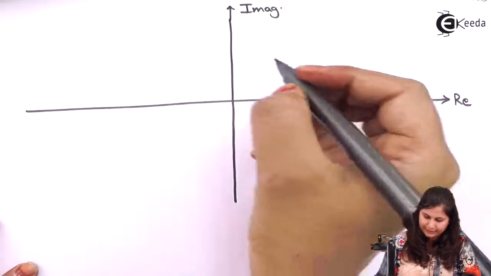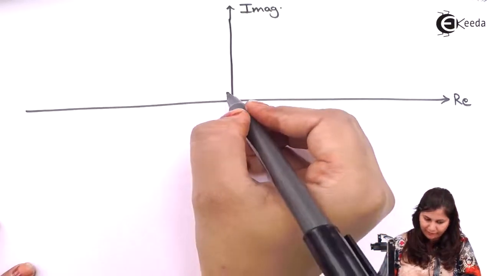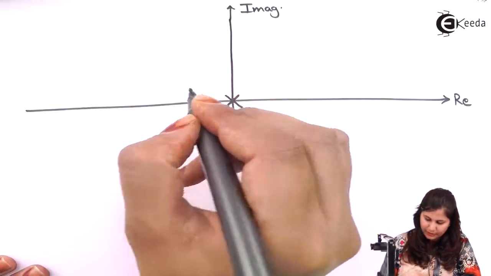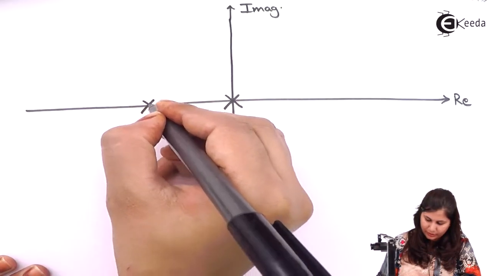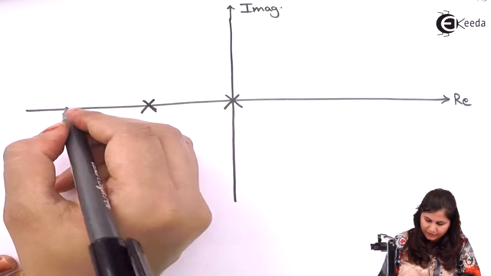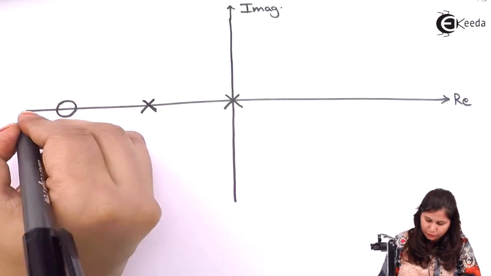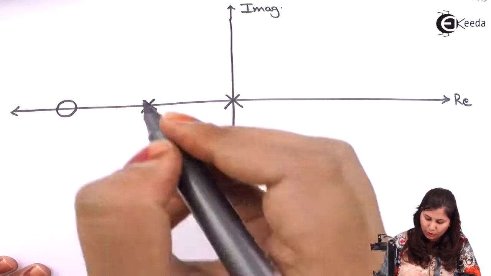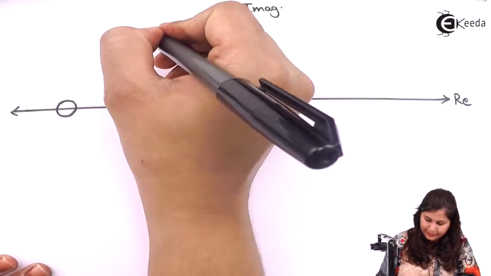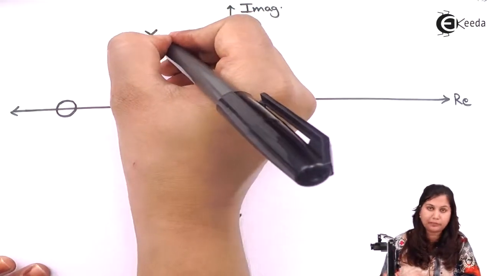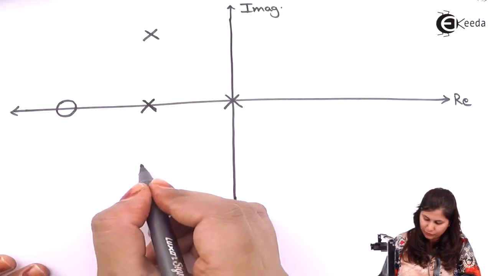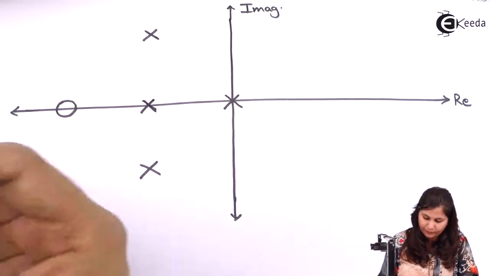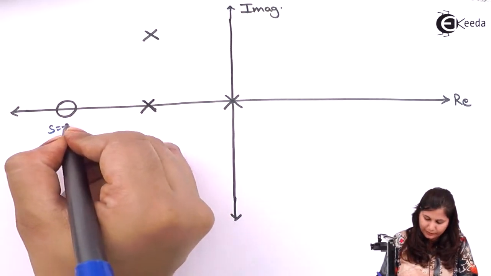We have the poles at s equals 0, s equals -1. We have a zero at s equals -2, and we have two complex poles at s equals -1 plus j and s equals -1 minus j. This is s equals -2.